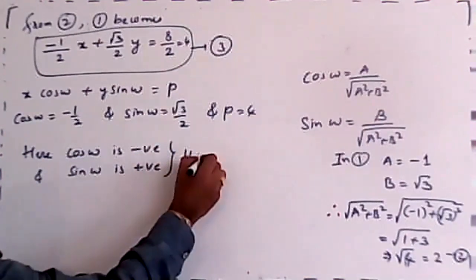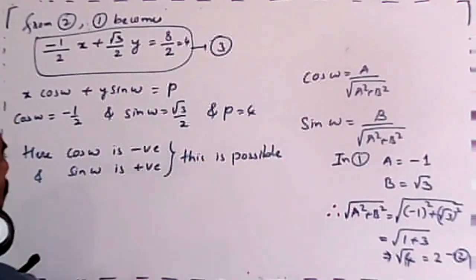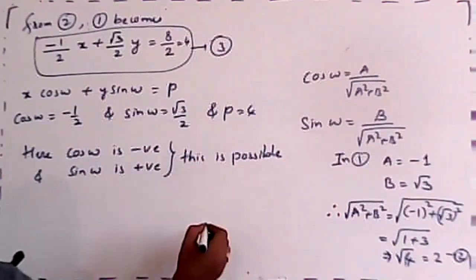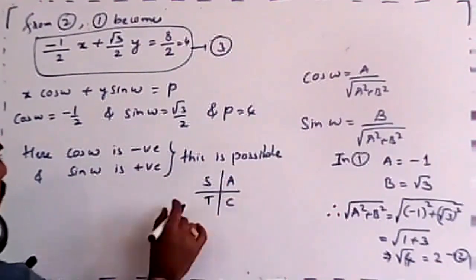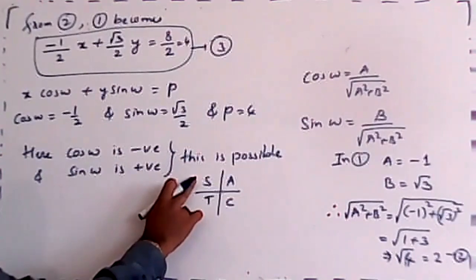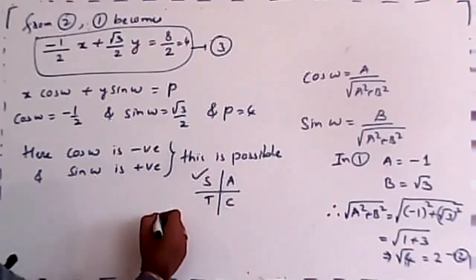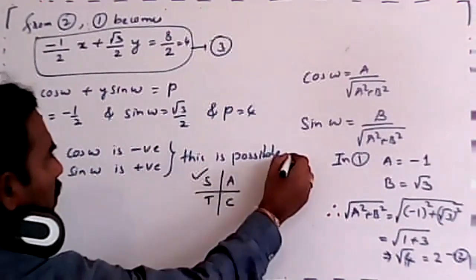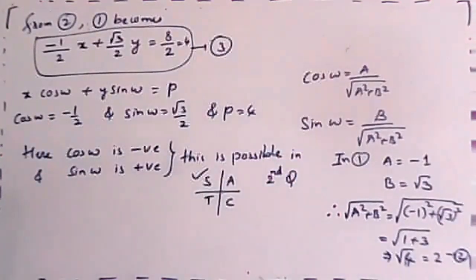This is possible in which quadrant? Check it down. All silver tea cups. Here sin is positive, correct? No, cos is negative, right? That is the second quadrant. This is possible in the second quadrant. Am I right?